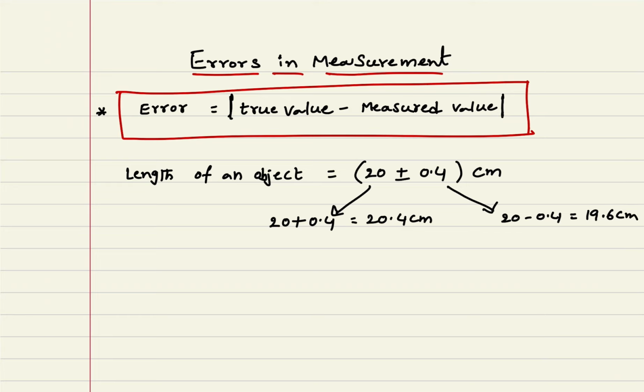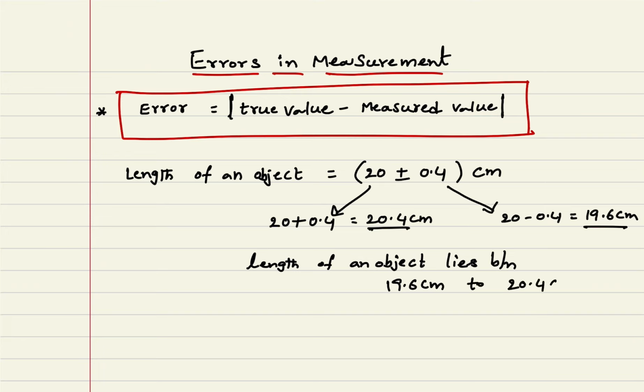The minimum value is 20 minus 0.4, that is 19.6 centimeters. The length L of the object lies between 19.6 centimeter and 20.4 centimeter.